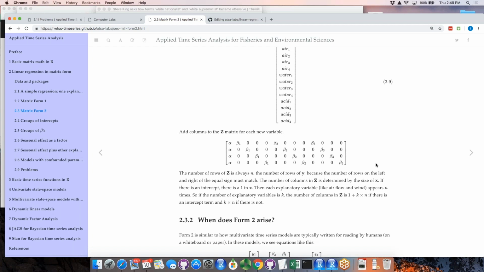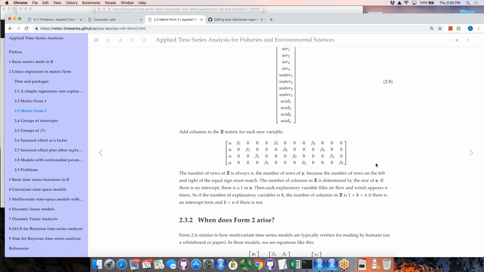What if, for some reason, we wanted the effect of air and the effect of water to be the same, but the effect of acid to be different? That's easy. We'll just make this a beta 1 also. So these are all beta 1s, and these are beta 3s. By writing a matrix form, we can very easily put that kind of restriction on. Or we could make things as complex as we want.